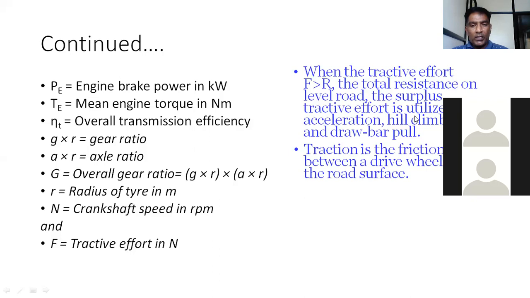Okay. So one more definition with respect to the traction. Traction is the friction between drive wheel and the road surface. For small cars, the drive is front wheel drive. So that is the friction between front wheels and the road surface.